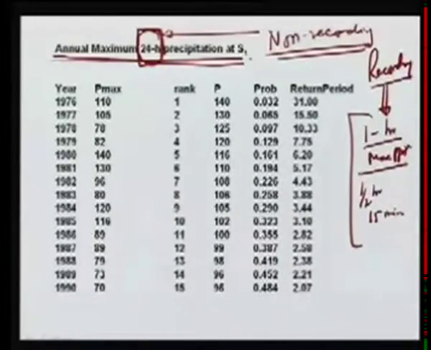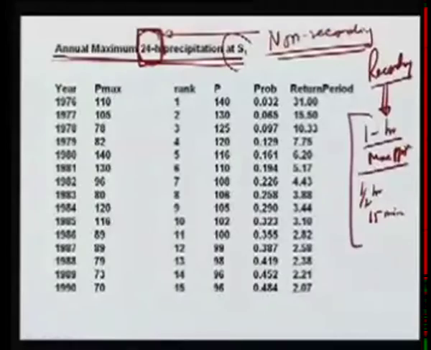So based on the maximum annual value of daily precipitation or 24-hour precipitation at station S1, we can prepare a table which shows this maximum precipitation. For example, at station S1 in year 1976, the maximum rainfall in a single day was observed as 110 millimeters.